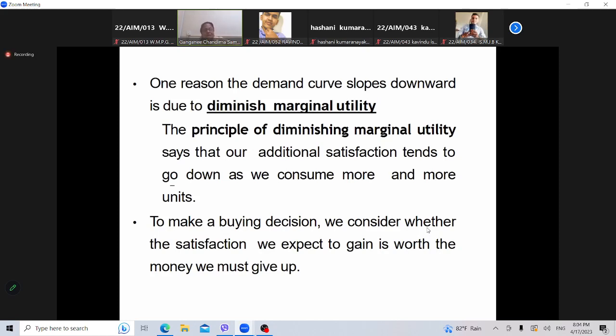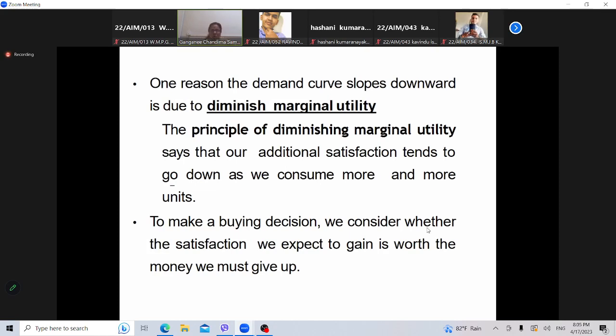Then diminishing marginal utility also we discussed. When you are in a very thirsty situation, you may have one glass of water, and your satisfaction, your utility, is very high. But when the quantity gradually increases, your utility is gradually decreasing because you are not thirsty now. That's why diminishing marginal utility.